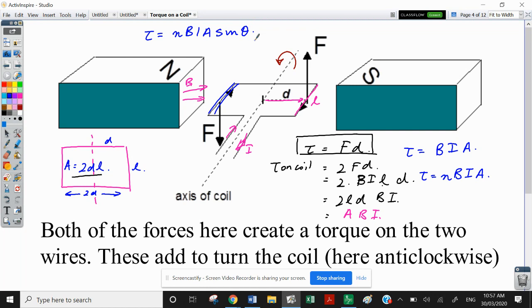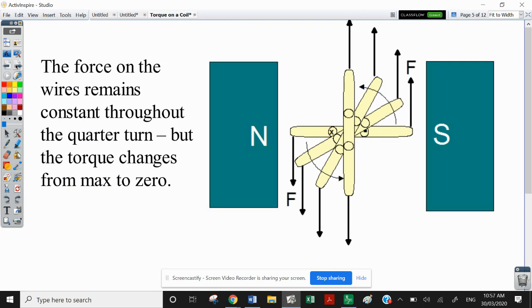And what is that theta? In a few more moments, we'll talk about which angle is what. As we always know, sometimes these angles are not nice to work with, especially with induction, and in this case, it's also not nice to work with. So let's just have a look at what happens to the force and the torque as this coil does rotate.